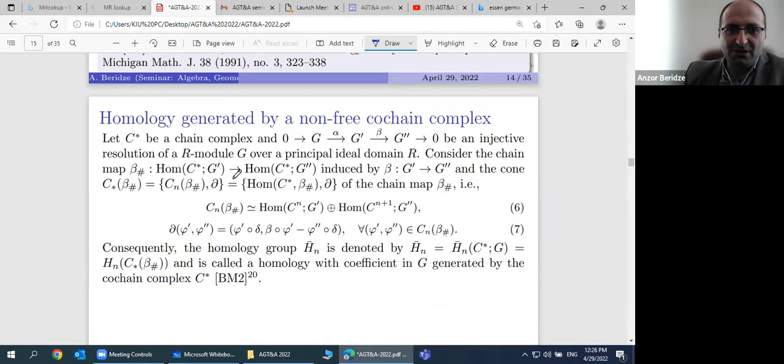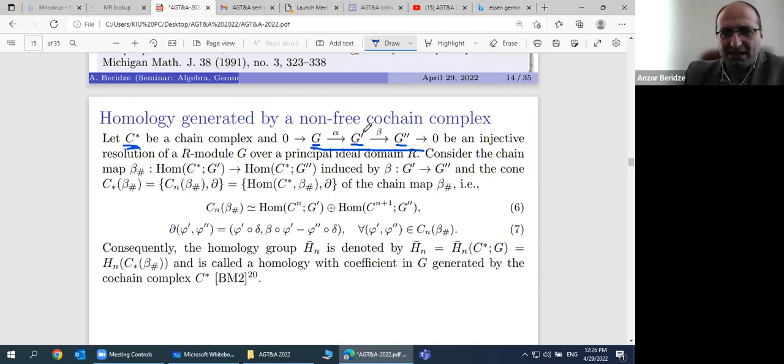But the problem is the following: when this cochain complex is non-free cochain complex, and if coefficient group is non-injective, then we have some problem. But if we consider the injective resolution of this group, or maybe this is module, but over a principal ideal domain, we need the short injective resolution, then we will obtain the homomorphism beta from G prime to G2 prime.